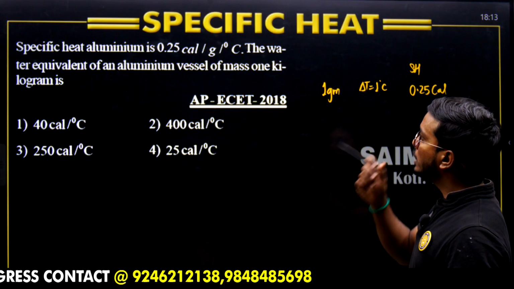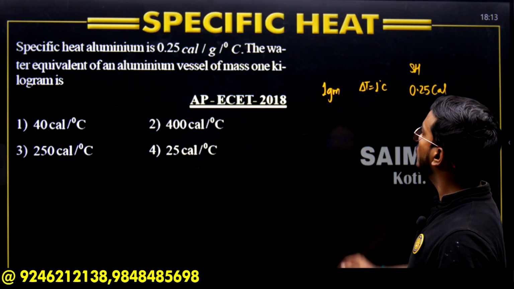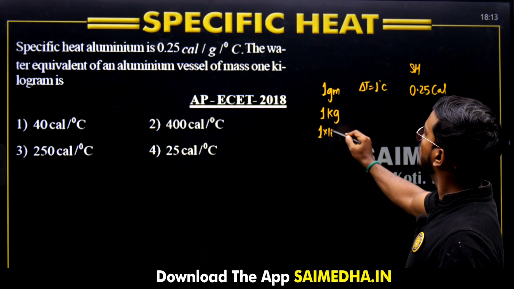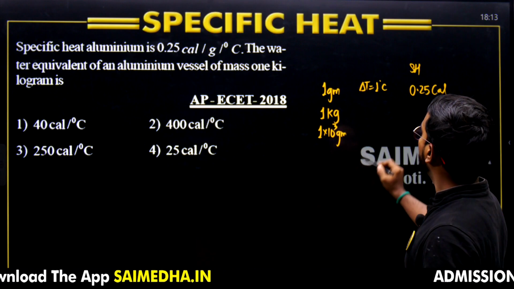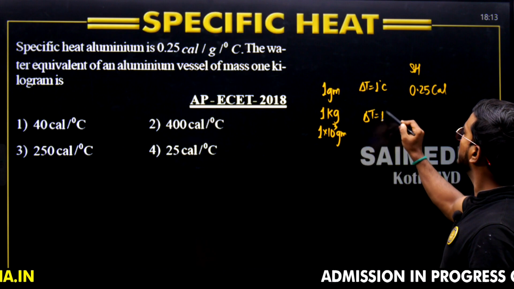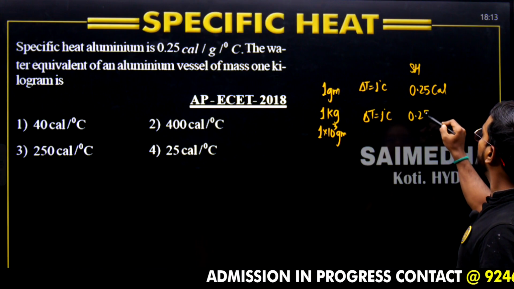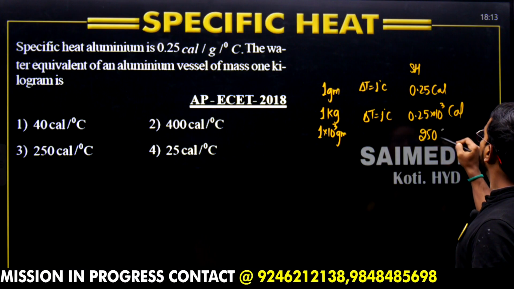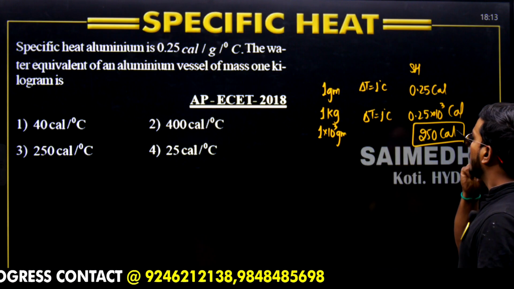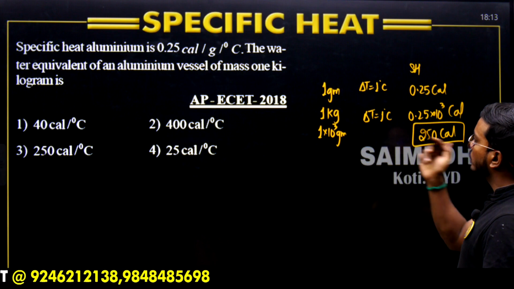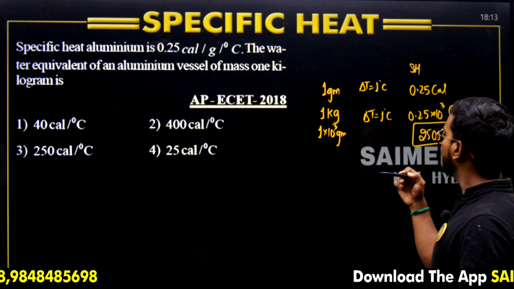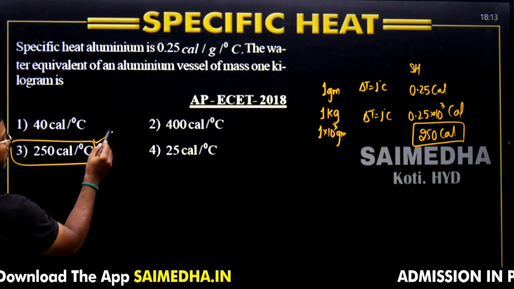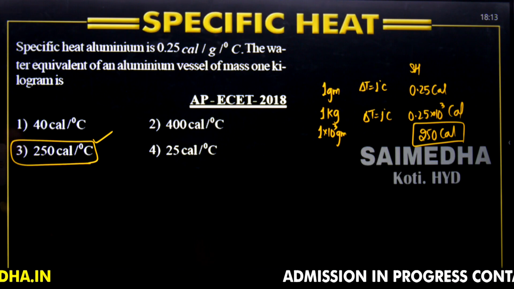The water equivalent of an aluminum vessel of 1 kilogram, that means 1 into 10 cube gram, for change in temperature 1 degree Celsius, you need to multiply here also with 10 cube calories. So what is the answer? 250 calories. For 1 gram it is 0.25. For 1000 gram multiply by 1000, 250 calories. This is the correct answer. Go through it, as simple as that.